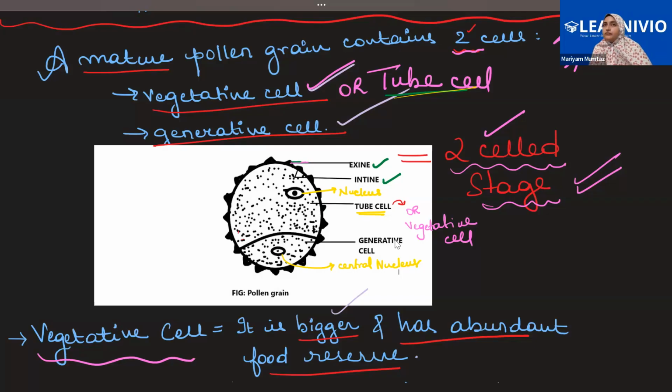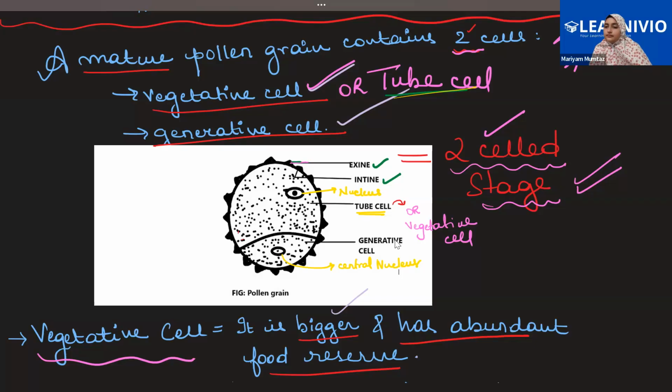What is the inner layer of the pollen grain called? Intine. What is it made up of? It is a thin layer. Just like how sporopollenin is what the exine is made up of, what is the intine made up of?